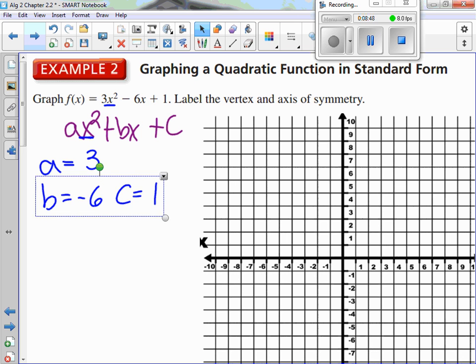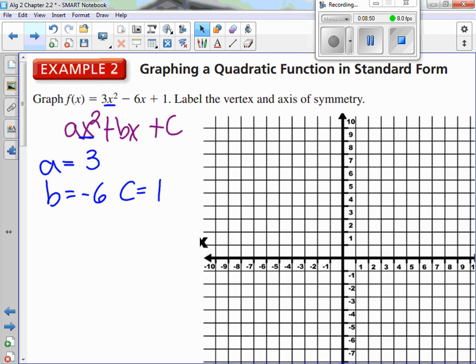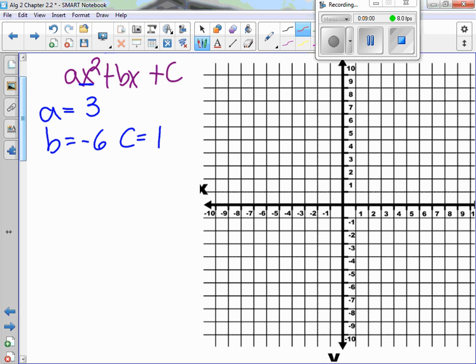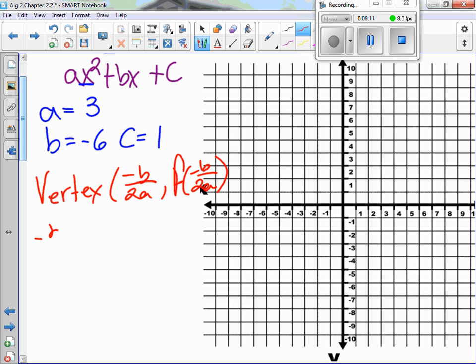Move these down just a bit so they're not in the way. So we have this. A is 3, B is negative 6, and C is 1, yes? So we want to find the vertex, because we'll find it first. It'll make it easier to graph. Vertex, we said, is negative B over 2A, comma, F of negative B over 2A. So let's look at negative B over 2A.